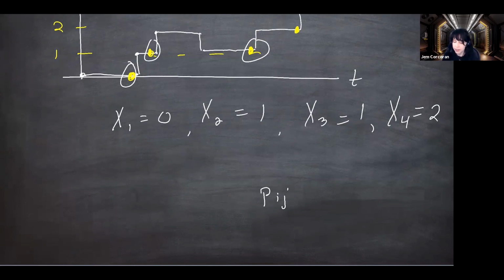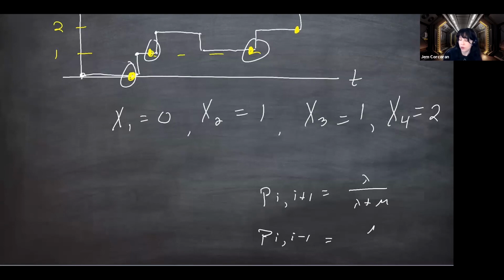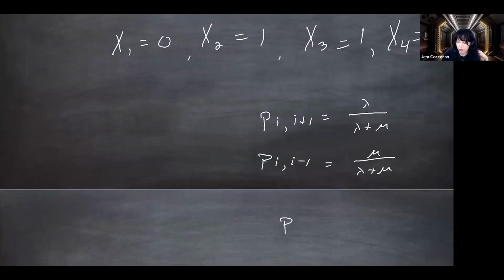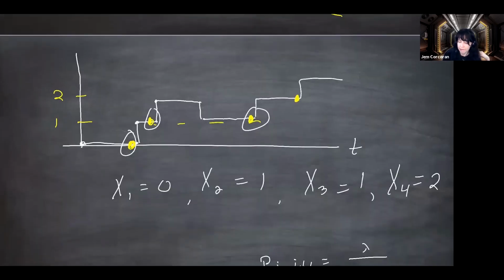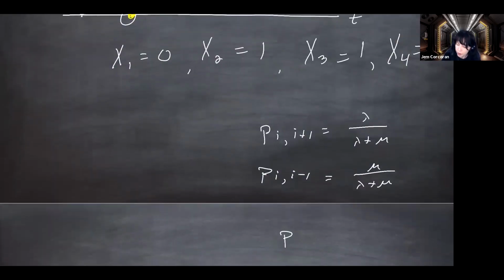The probability in any one step that we go up by 1 from i to i plus 1 is lambda over lambda plus mu. And the probability we go from i to i minus 1 is mu over lambda plus mu. And the probability we go from 0 to 1 is going to be 1.